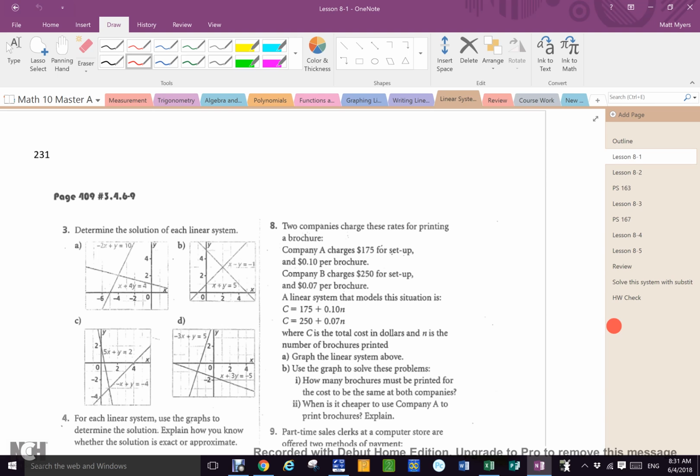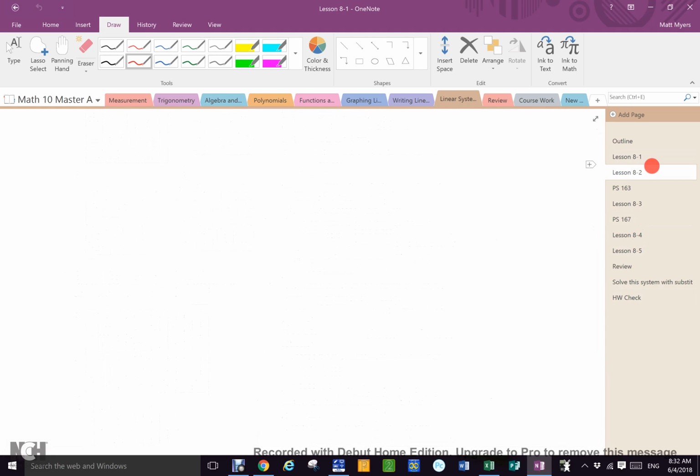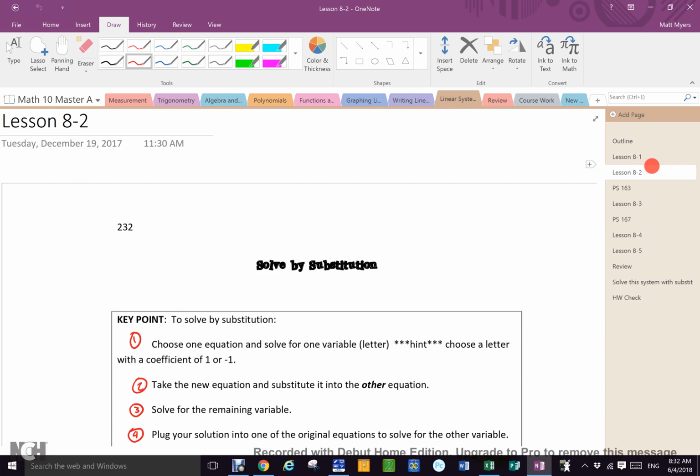Everybody should be able by now to graph lines. If you're not able to graph lines, I don't know what to do for you. You need to come and see me, or you need to go and see somebody else, because I'm not working for you. If you could all turn to page 232, please.